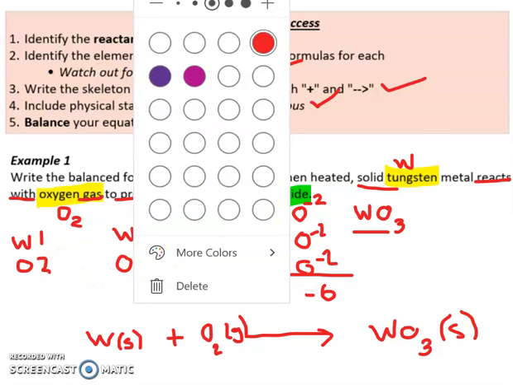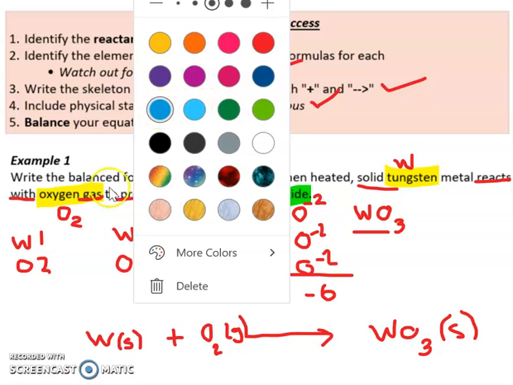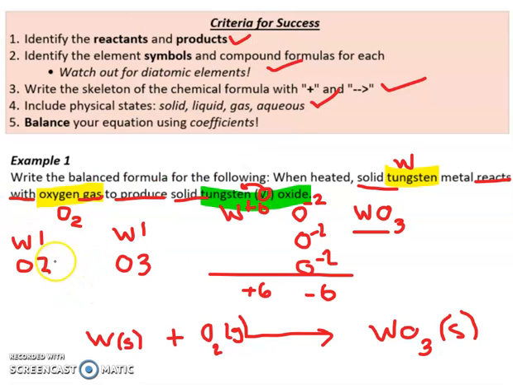So what happens, let me write a different color here, let me do blue. What happens if I multiply this side by 3, and I'm going to multiply this by 2. And what that translates to is on the reactant side, I'm going to multiply my oxygen atoms by 3, so I'm going to put a coefficient of 3 here. And then on my product side, I'm going to multiply my oxygens by 2. So I have to put a 2 coefficient here.